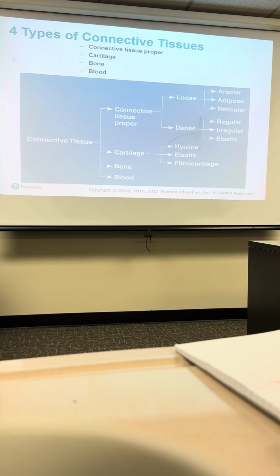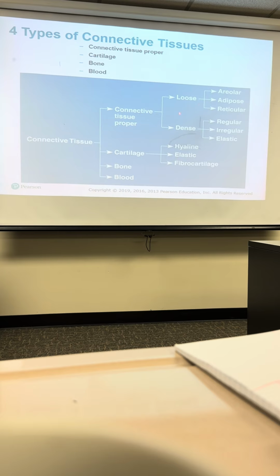Loose arrangements of the fiber. Loose connective tissue has the loose fiber. Dense connective tissue has the what? Dense fiber. Okay? Loose connective tissue has the loose fiber. Dense connective tissue has the dense fiber.